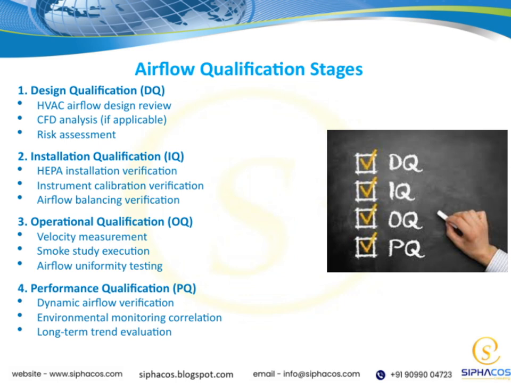Then, operational qualification focuses on measuring velocity, running smoke studies, and testing airflow uniformity. Finally, performance qualification ties it all together with dynamic airflow checks, environmental monitoring, and long-term trend analysis. Each stage builds confidence in the system's performance.